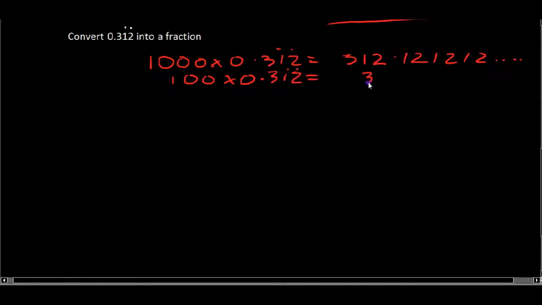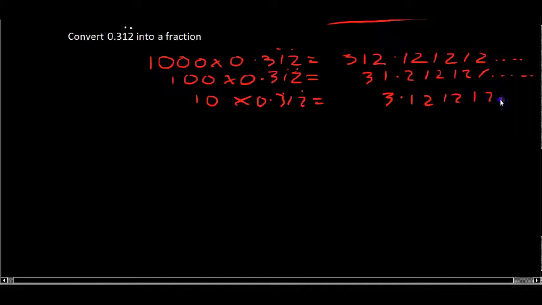So we're going to get 31.21221. So let's look at 10 times 0.312 recurring, and we'll get just the 3 this side, so only moving the decimal place one place now. 1 2 1 2 1 2.